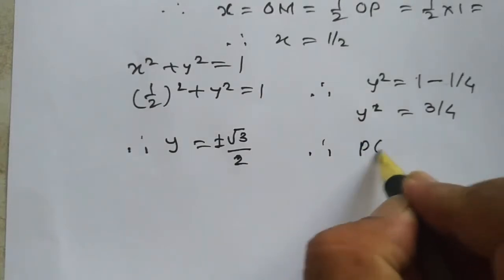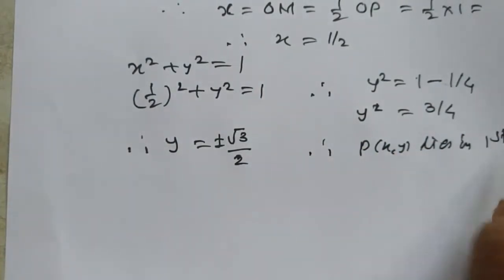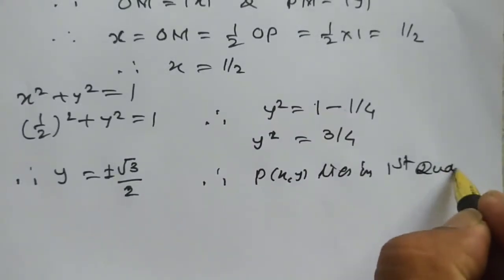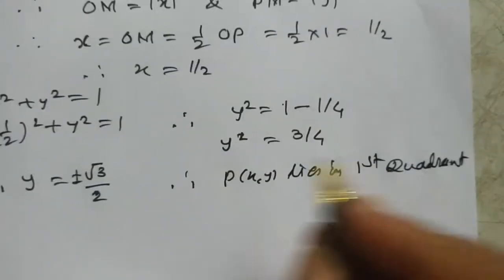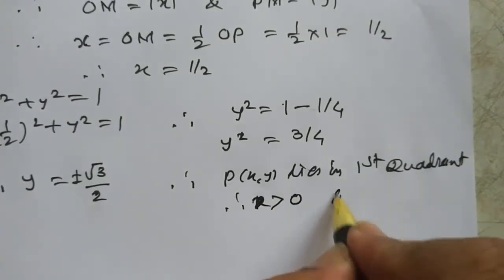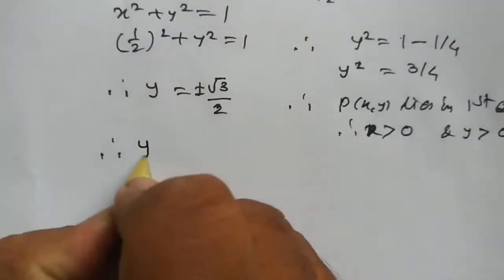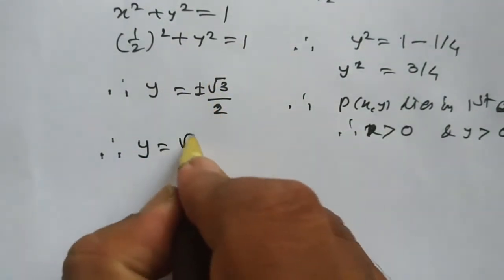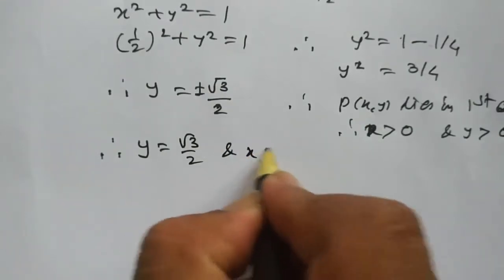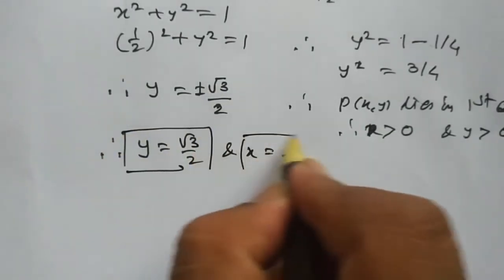Since point (x, y) lies in first quadrant, x is greater than 0 and y is also greater than 0. Therefore, y is equal to, we take positive value, root 3 by 2, and x is equal to 1/2. So we got the values of x and y.